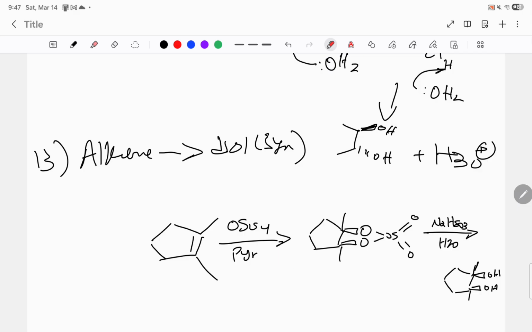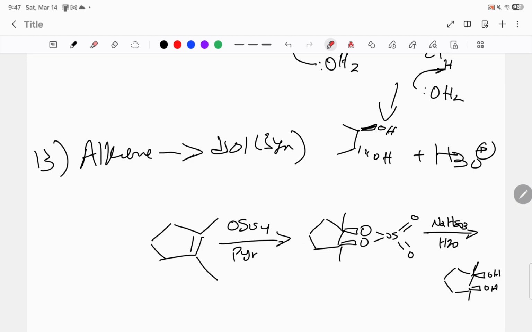So that's NMO right there. And the NMO essentially allows for the regeneration of the osmium tetroxide by the end of the reaction, okay? That's why we say it's a catalytic amount. So this stuff is really expensive, and if I'm not mistaken, osmium comes from space. That's like the only source of it, so it's really expensive, and you do want to use this kind of thing.